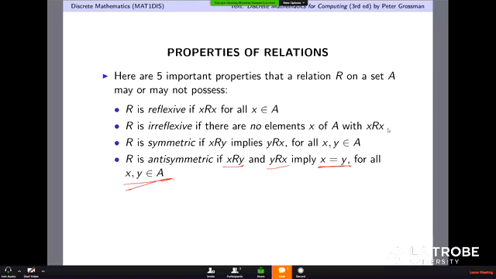Let's see. If I say is a subset of, let's say, is a subset of.